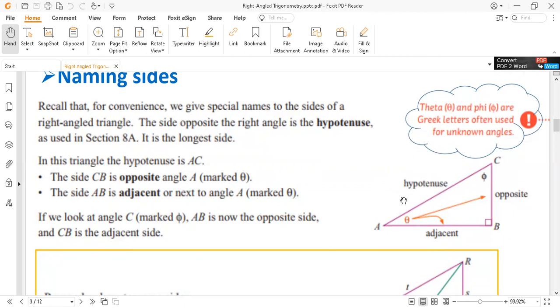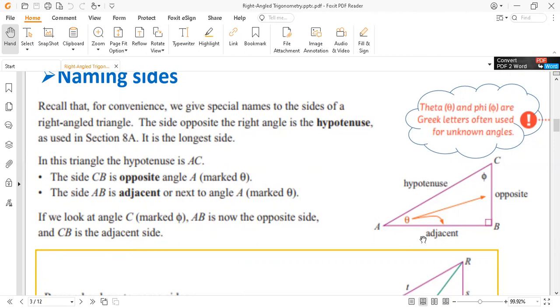The hypotenuse is always the side opposite to the 90 degree. We have a 90 degree angle here, so for the opposite to that, we can, for example, draw a ray starting from B straight to AC. So AC is the opposite side to the 90 degrees, and we call it the hypotenuse.